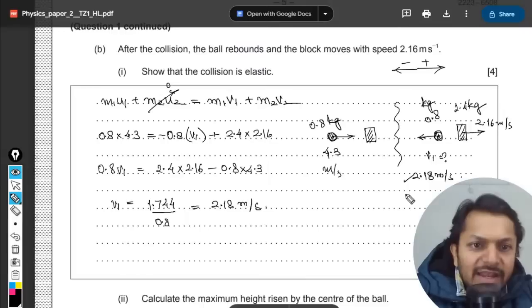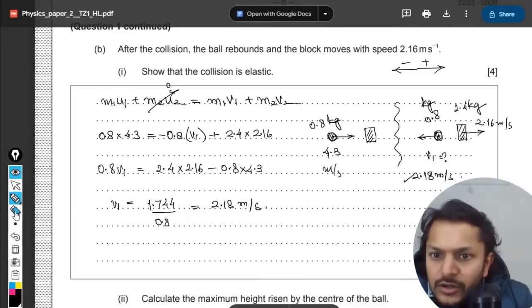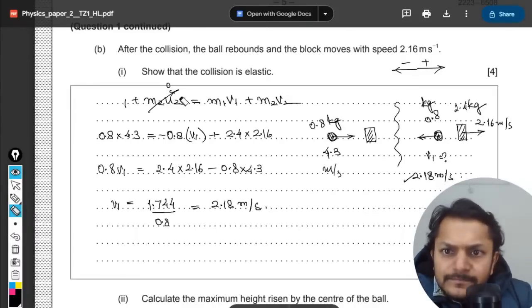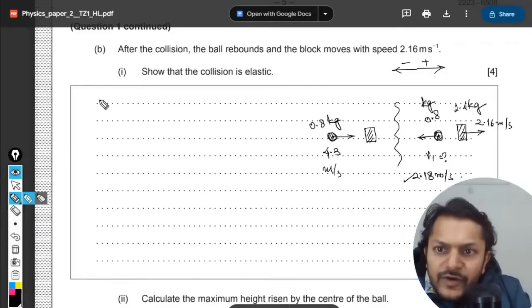Now the very next step is that we have to find the total kinetic energies. Let's see that. I'm going to erase these things now. We will find the initial kinetic energy.